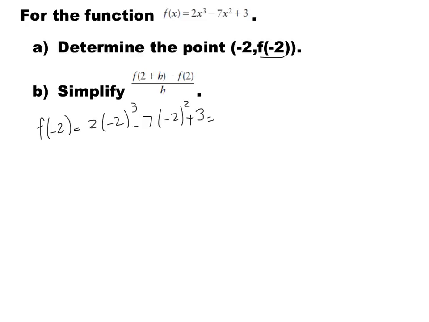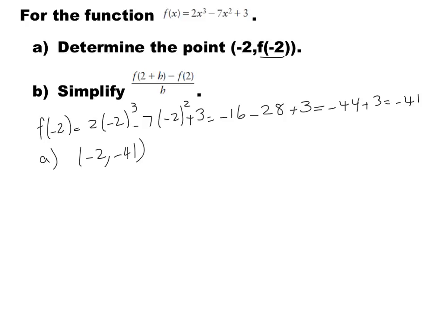Negative 2 cubed is negative 8, times 2 is negative 16. Negative 2 squared is 4, times negative 7 is negative 28, plus 3. Now negative 16 minus 28 is negative 44, plus 3 is negative 41. So for part A, the answer is negative 2 and negative 41.